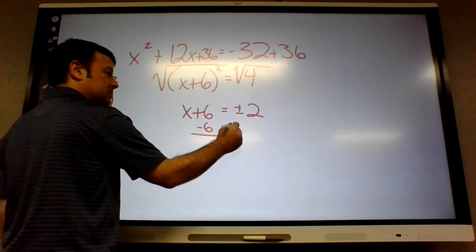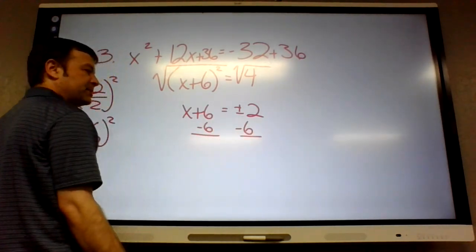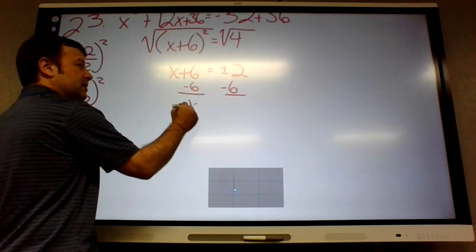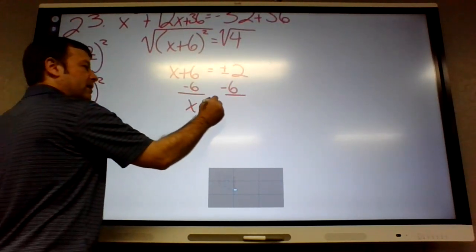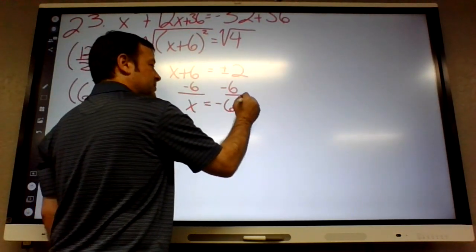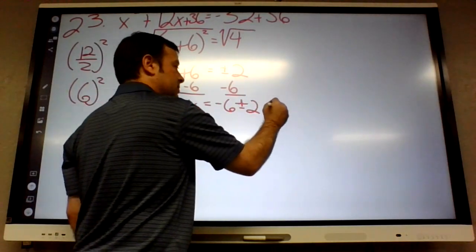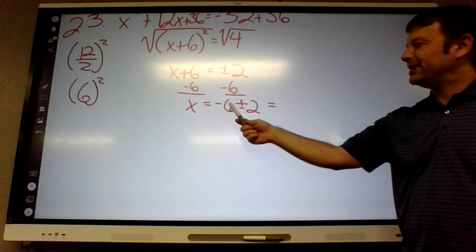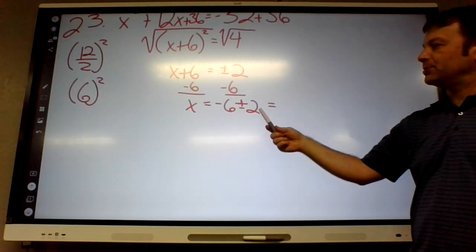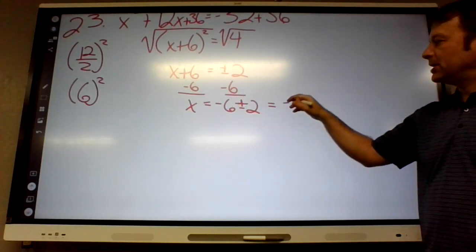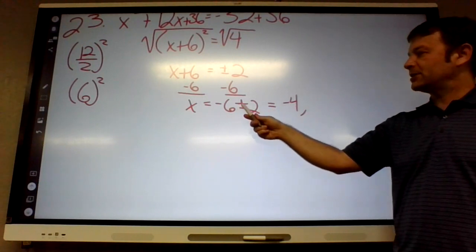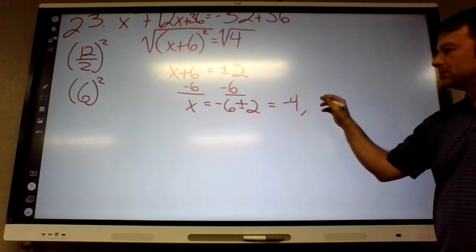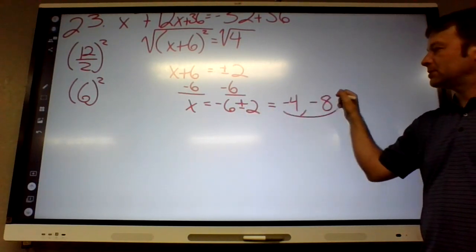Subtract 6. If you add 6, you're going to get the opposite answer. Negative 6 plus or minus 2. So, negative 6 plus 2 is negative 4, and negative 6 minus 2 is negative 8.